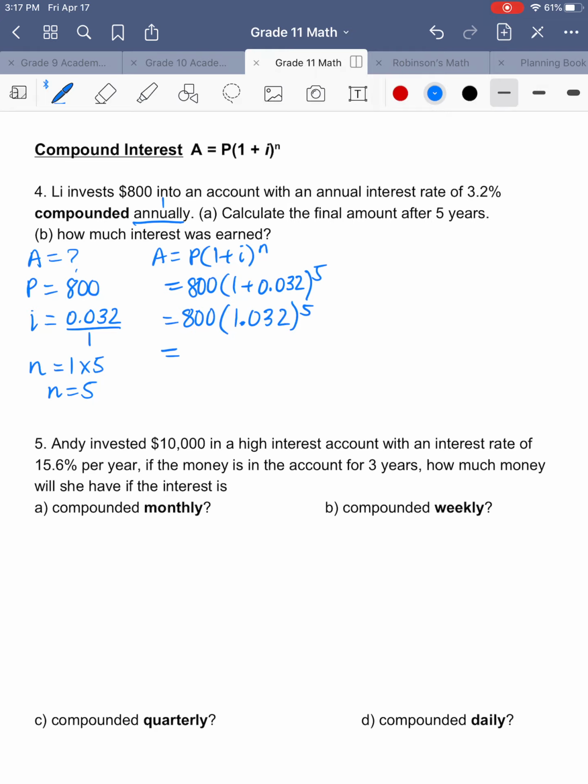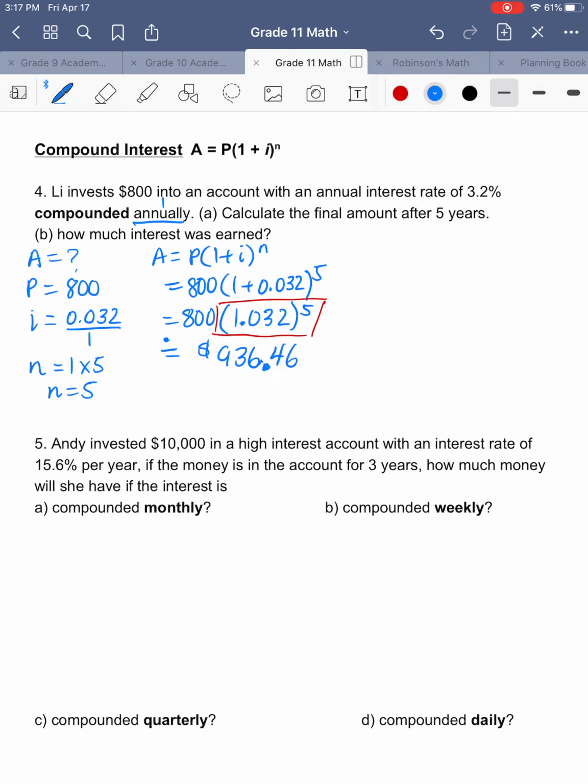So remember, if your calculator does not do BEDMAS, you need to do the exponent first, and by that, I mean you have to do this part first on your calculator before multiplying by 800. If your calculator does do BEDMAS, then you can probably just put in all the numbers as is. So your answer here should be approximately $936.46.